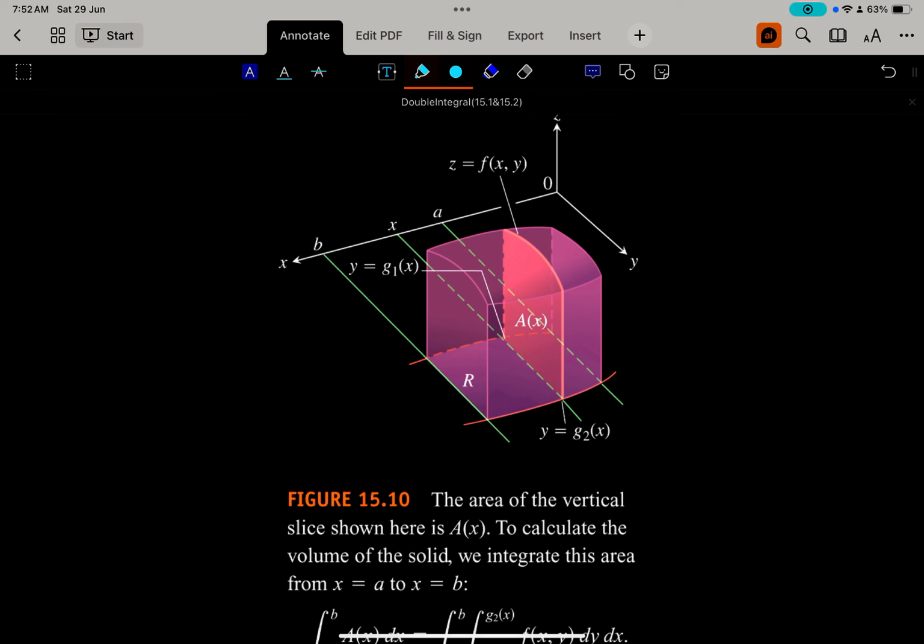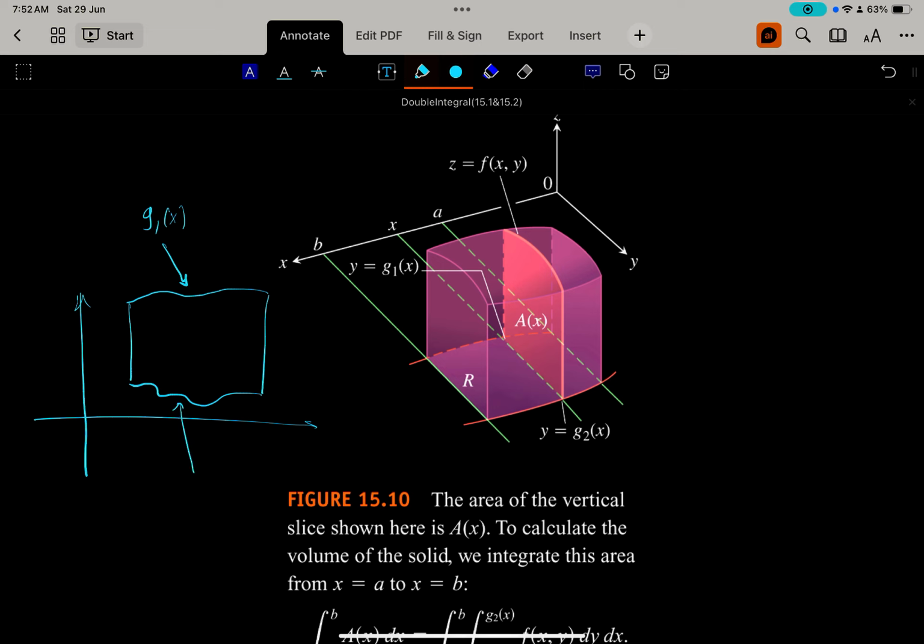So imagine we have a region like this. The region is this, and imagine that this is a function, g1 of x.